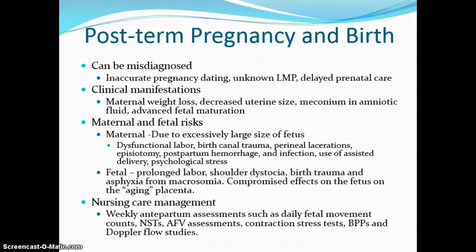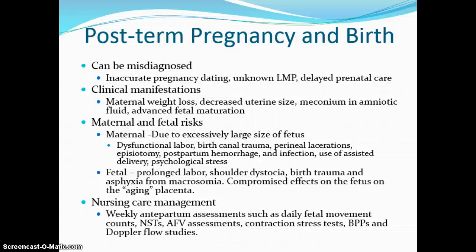So if you continue to see maternal weight loss, decreasing uterine size, meconium stained amniotic fluid, advanced fetal maturation. So when the baby is born, are you noting deep creases, absence of lanugo, no vernix caseosa, those types of things. So what will happen is that the baby does continue to grow, and we can see dysfunctional labor and birth trauma due to the size of the fetus.